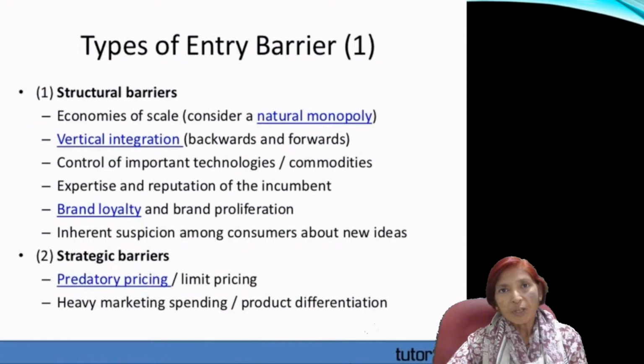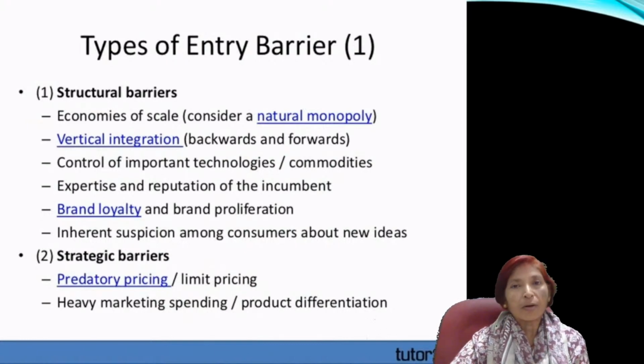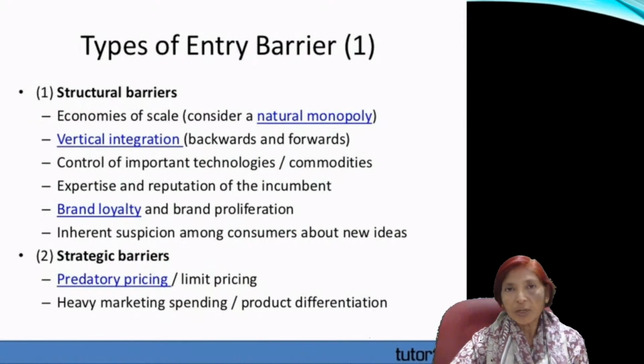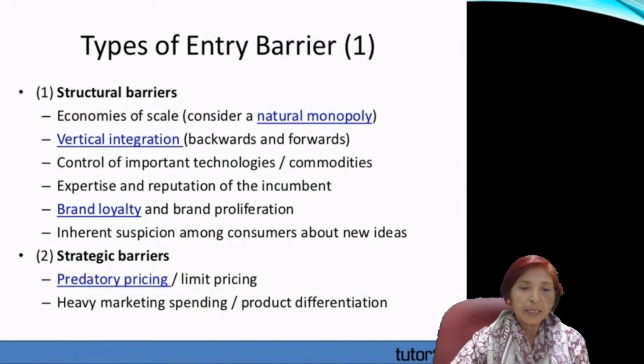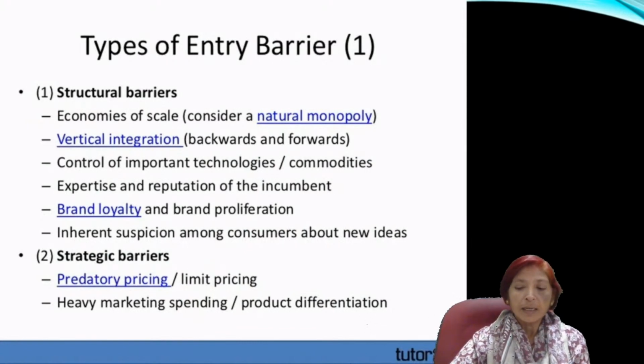So these firms make that type of strategy, like predatory pricing or limit pricing or reducing pricing, and then other firms will not compete. So that is the main entry barrier. Heavy marketing spending, product differentiation, or heavy advertising cost: only big entrepreneurs can afford that type of marketing spending and publicity cost, and they can get a large amount of profits.